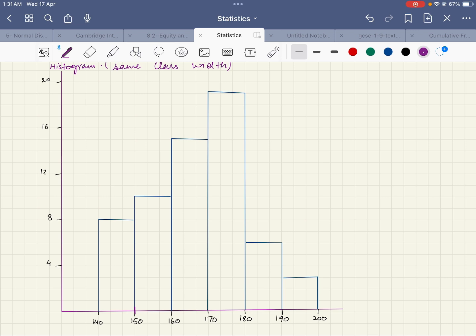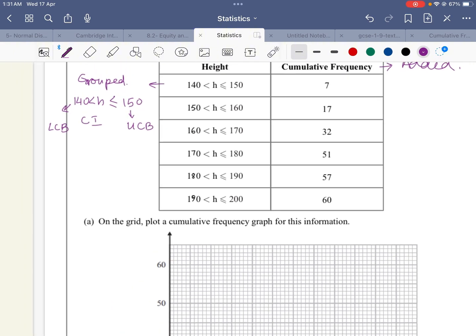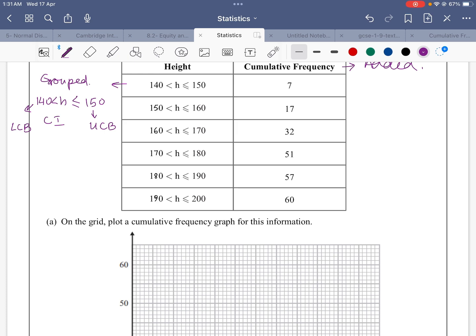There will be cases where there are no boundaries, but that will be for mean, median and mode. For cumulative frequency, you will always have boundaries. Secondly, the class widths for all of the classes are the same. 150 minus 140 is 10, 160 minus 150 is 10, and so on till 200 minus 190, which is 10.